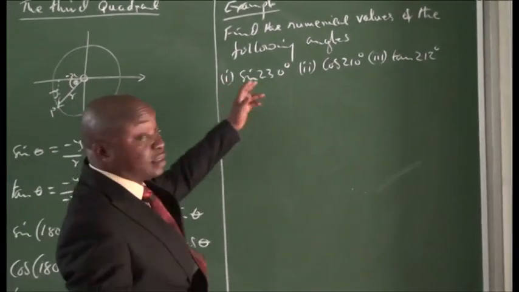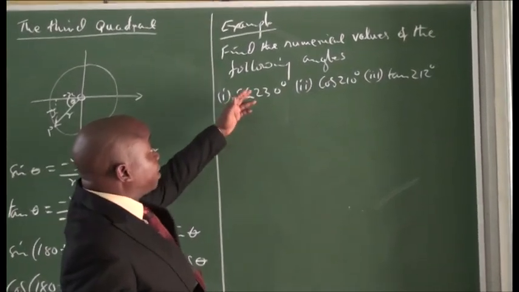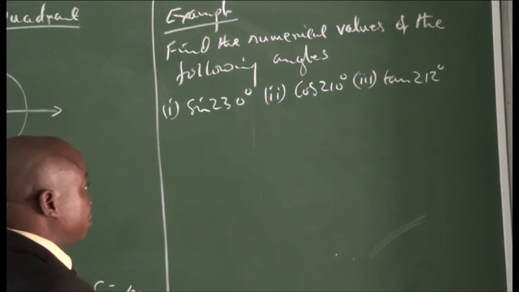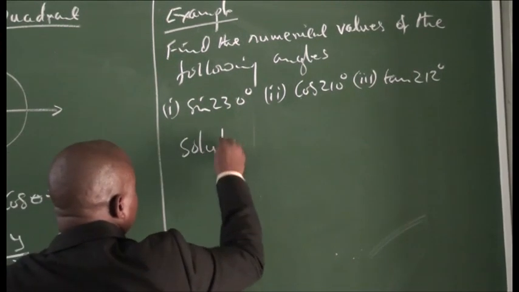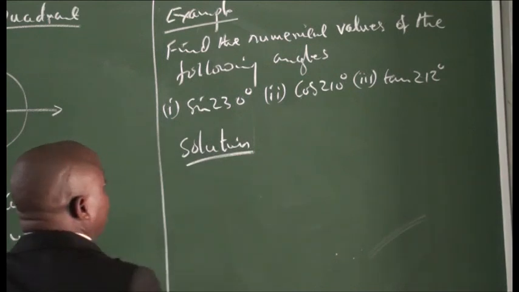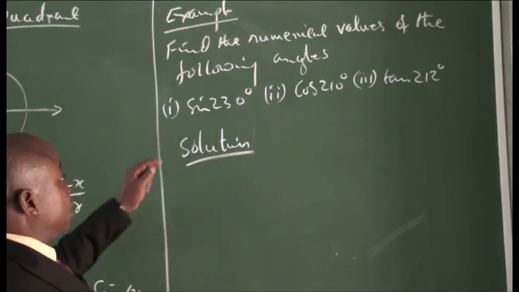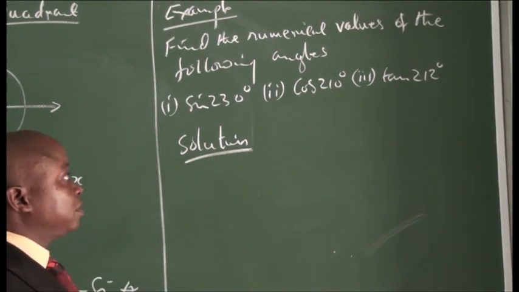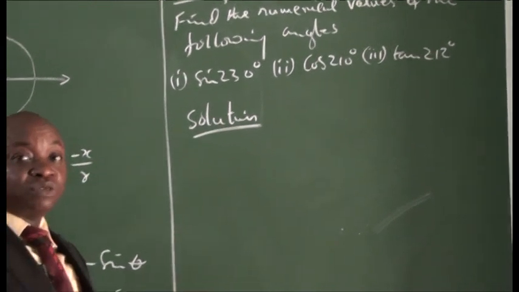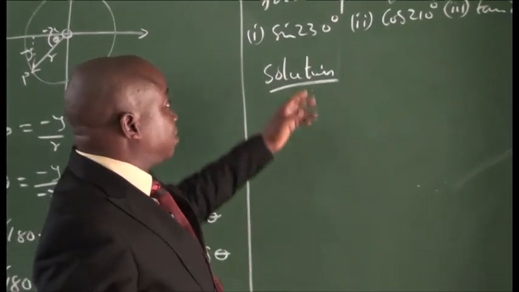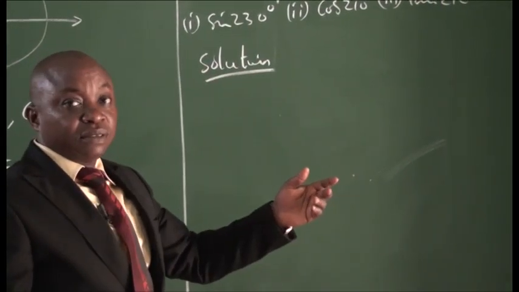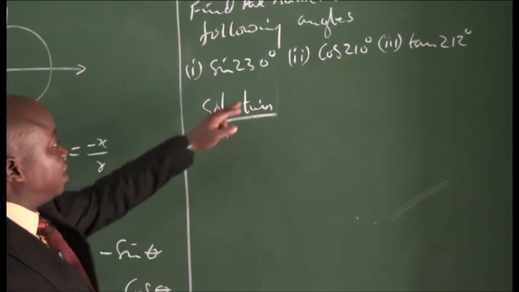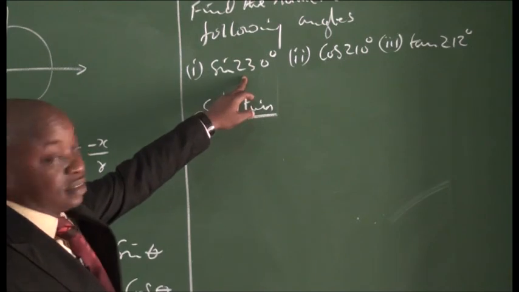Now, let's look at this example. Find the numerical values of the following angles. I will start with one, sine 230. We know that sine 230 degrees is beyond the second quadrant, which ends at 180.